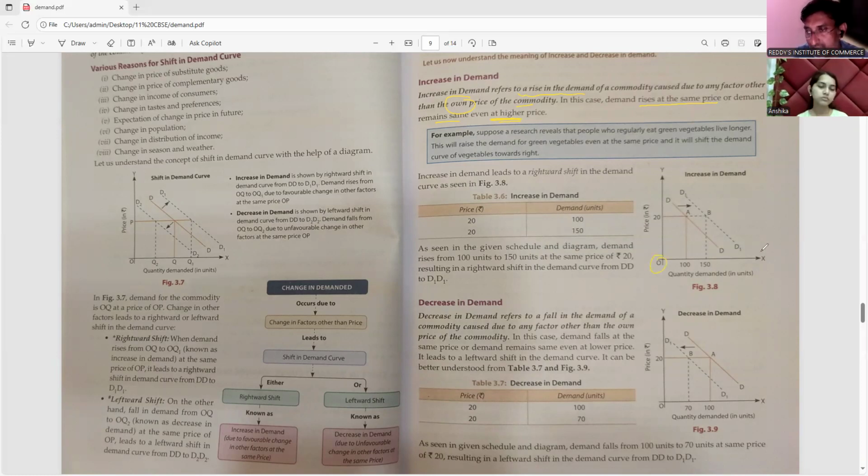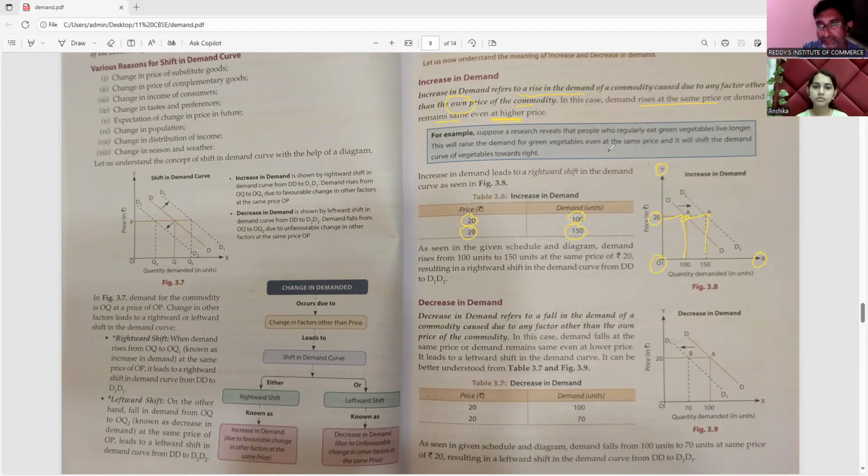Here is the O-axis, here is the X-axis, here is the Y-axis. When price was 20, your demand was 100. When your price is 20, again your demand is 150. Price remained the same, but due to the effect of other factors, the demand is increased.